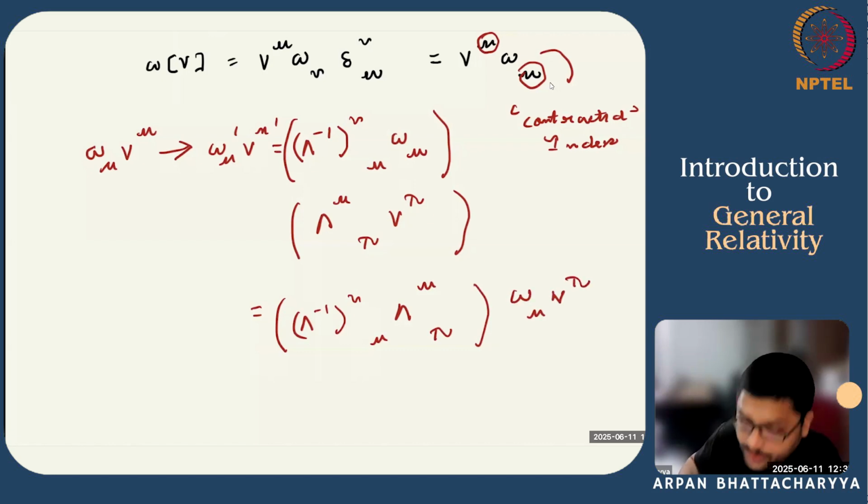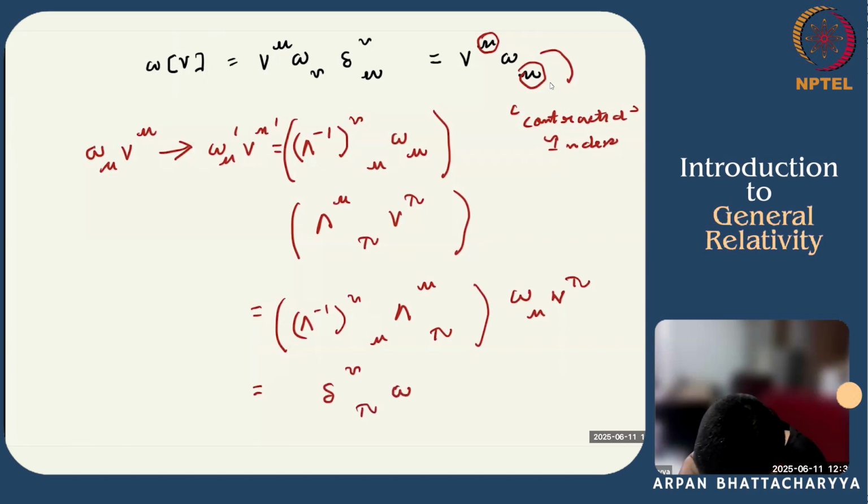Remember, these are just numbers, forming a scalar product, so you can just rearrange. And we know that by definition a matrix times its matrix inverse is nothing but a delta, and this gives back omega v again.